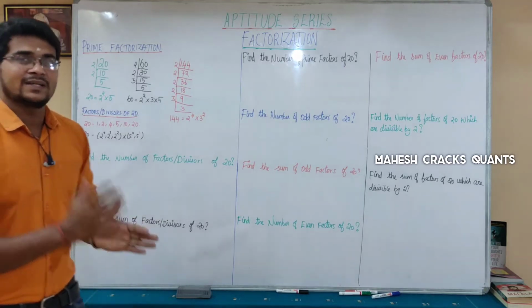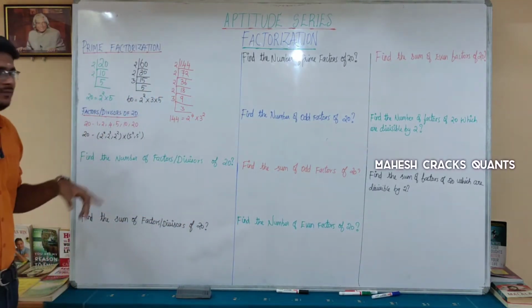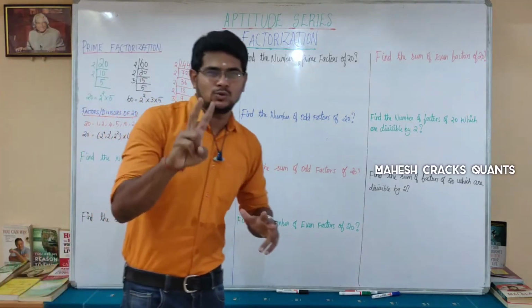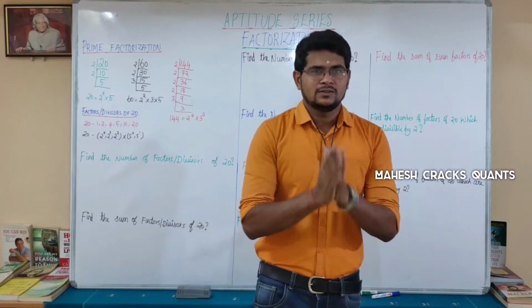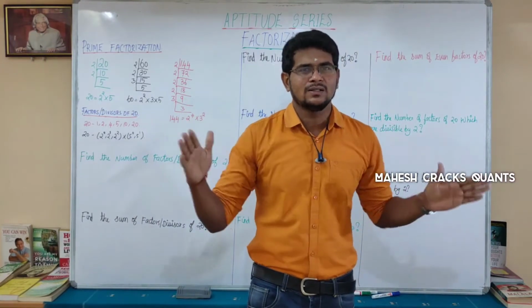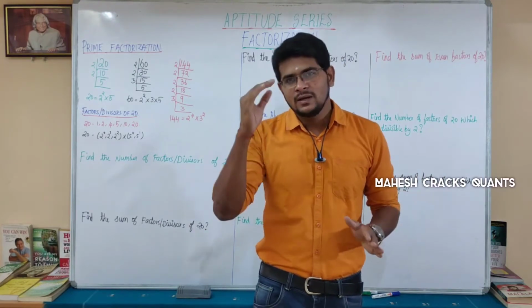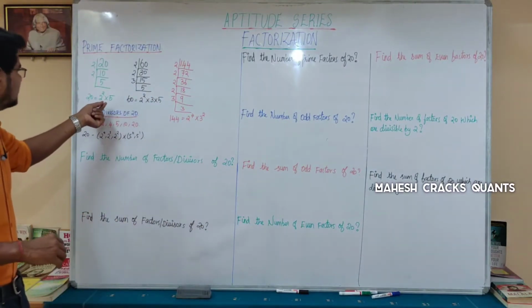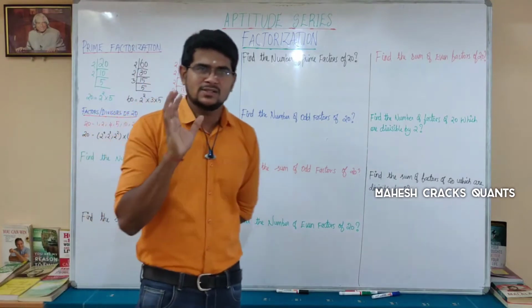So the prime factorization of 20 is 2 into 2 into 5, which is 2 square into 5. There are two 2's and one 5 in that 20. So I have written 20 as a product of prime numbers. 2 and 5 are the prime factors of 20.